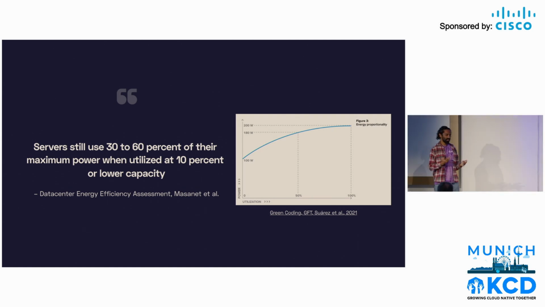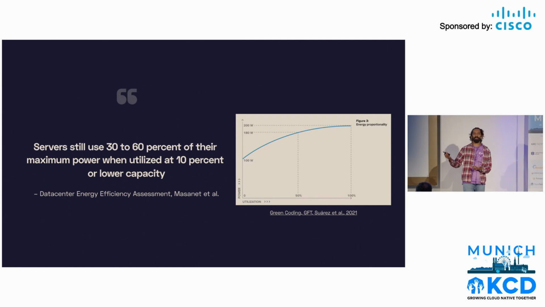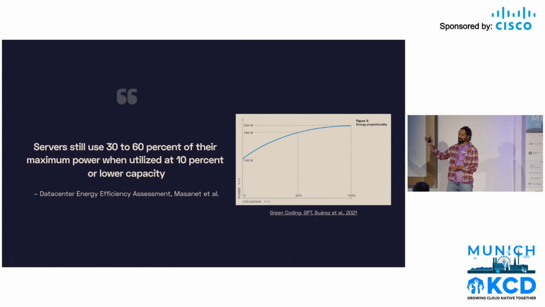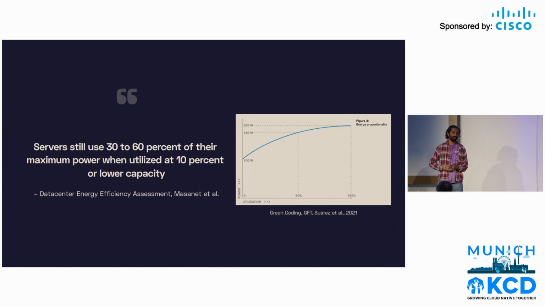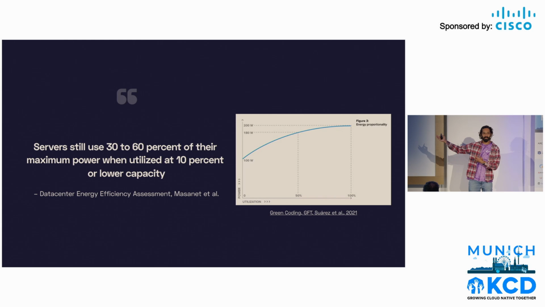There is a non-proportionality of this power consumed. So basically, when a server is not being utilized, it's still running, and it's using anywhere between 30 to 60% of its capacity. And this is very harmful.